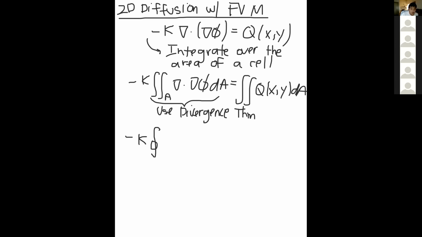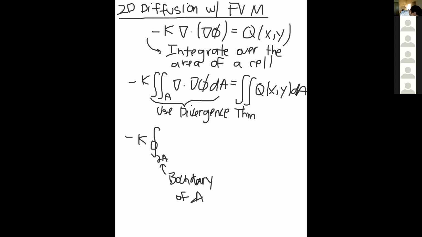So instead of a double integral on the left, we have a line integral on the right, where I've used the notation dA to say that this is on the boundary of A.